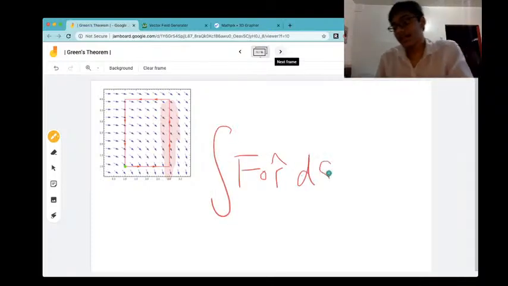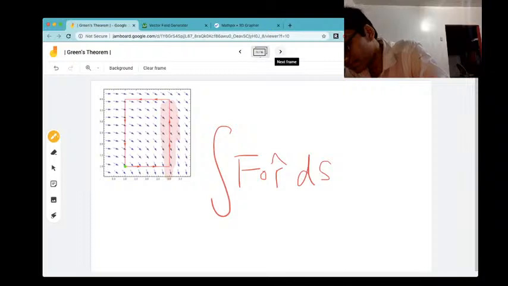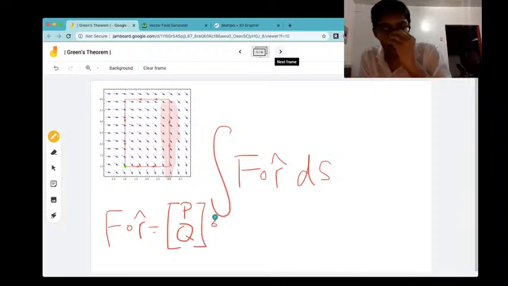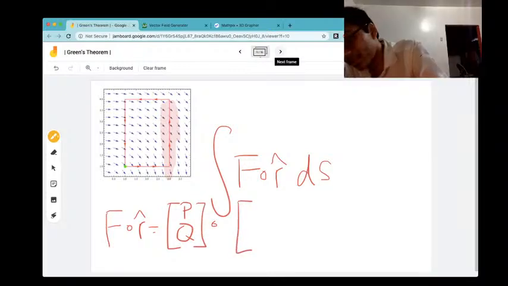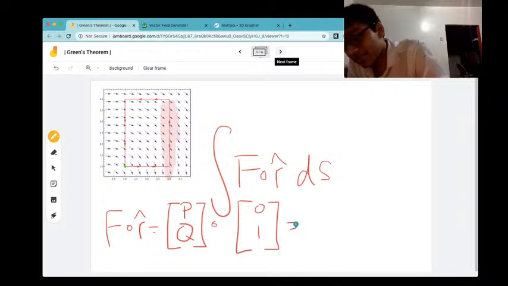This time my r hat: F is pq dot r hat, and r hat is going in the positive direction this time, so it's going to be 0, 1 instead of 1, 0, and that's just going to give me q. Nothing shocking, just q.